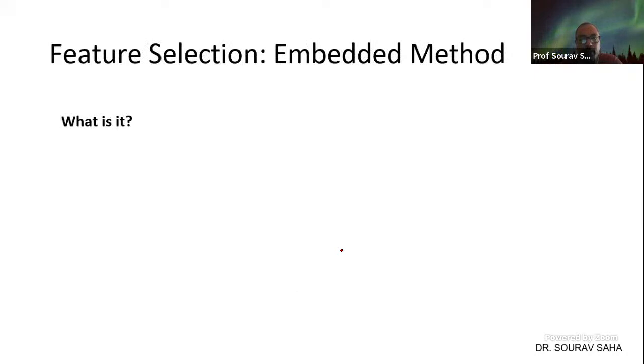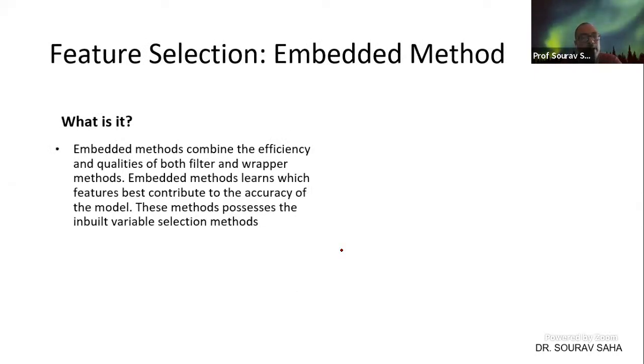Then you have the embedded methods, which are a much more evolved method. See the problem with these methods, for example, with the filter method: if you look into the model explainability part, it is quite explainable. With the wrapper method, you lose a bit of the explanatory part as to why you select a particular subset of the features over the other, but still the explainability is there.